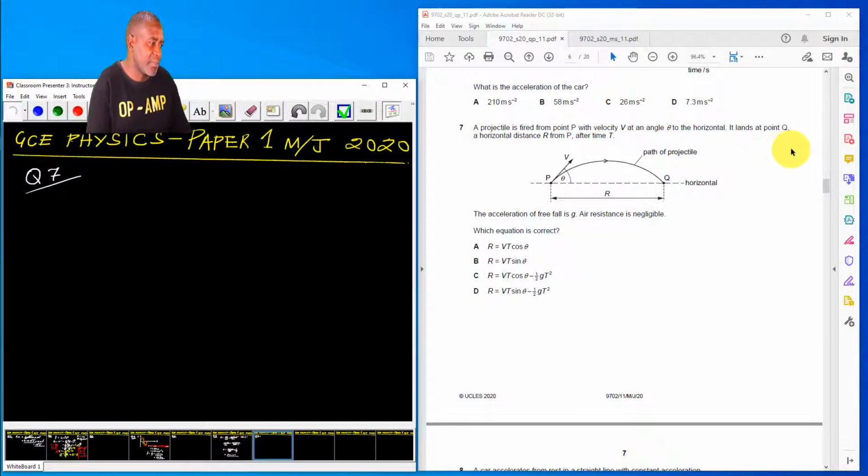It lands at point Q, a horizontal distance r from P, after time t. So you are given the path of the projectile, which is referred to as the trajectory. Now, the acceleration of free fall is g. Air resistance is negligible. Which equation is correct?